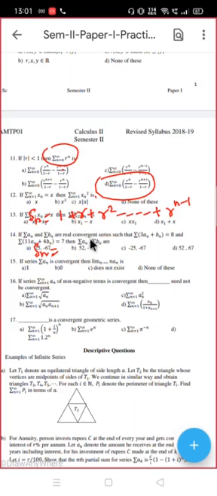It is 1 minus r raised to n upon 1 minus r. Do you agree? If you write it the other way, you can say r raised to n minus 1 upon r minus 1, whatever you say. But since mod r is less than 1 is given, it is better to write this one.